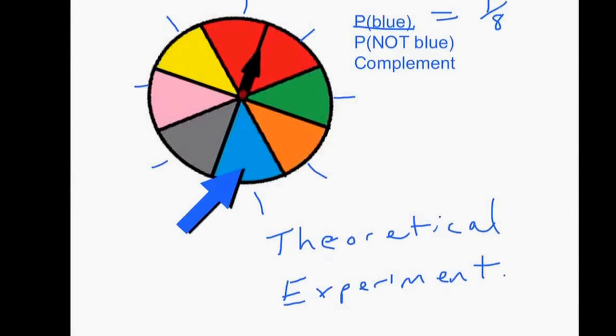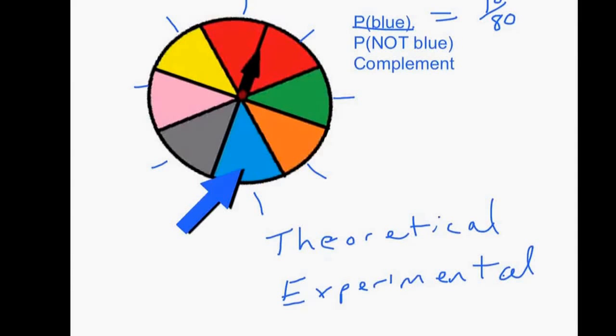Very often they're not, and you would want to do an experiment, spin that spinner 100 times or 1,000 times, and find out how likely it is that you would get blue. If you spun it 80 times, you might expect to get around 10 blues. If you spun it 800 times, you might expect to get around 100 blues.